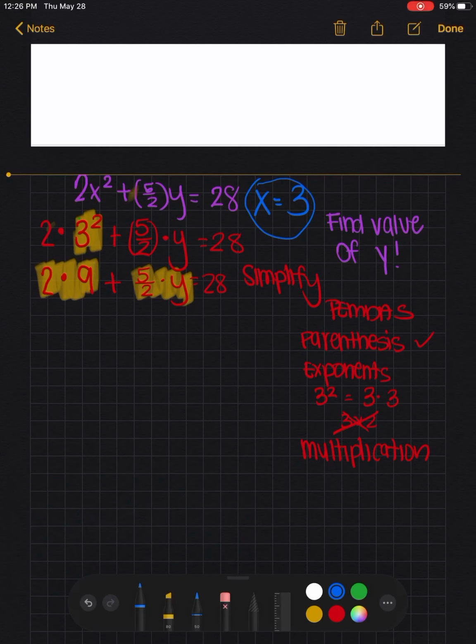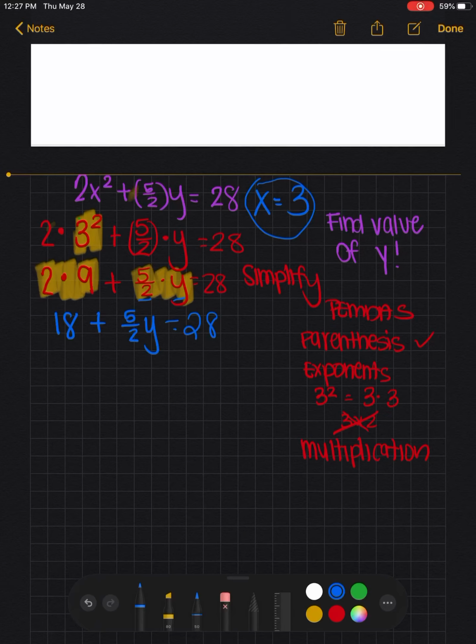So let's simplify the 2 times 9. That gives us 18 plus 5 over 2 times y. Anytime we multiply a number times a variable, all we do is we marry them together. Same thing as 5 over 2y, and it's equal to 28.